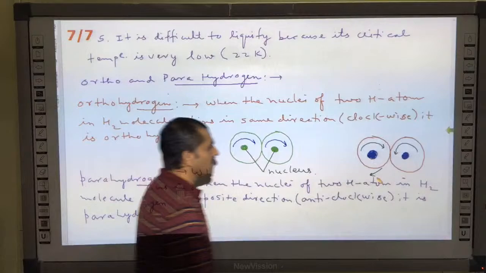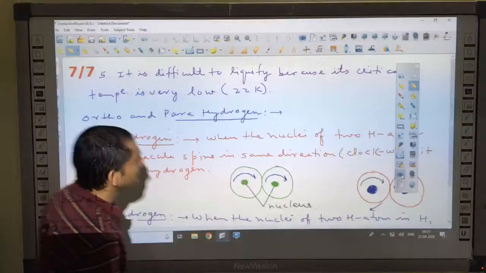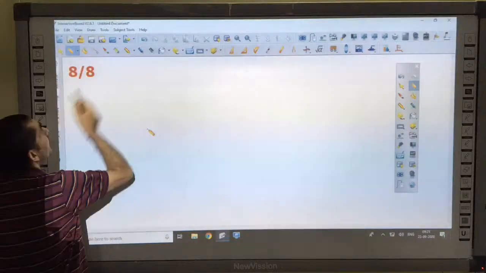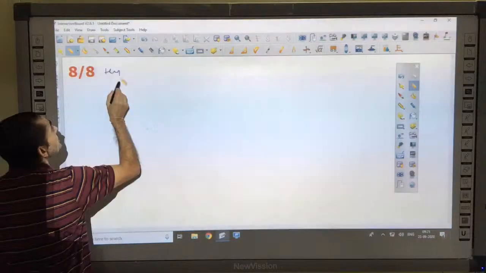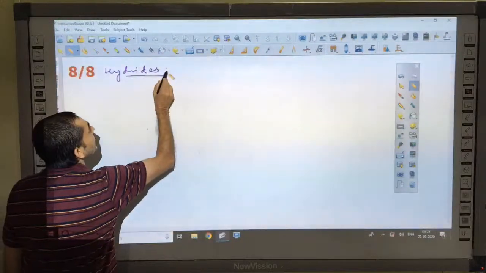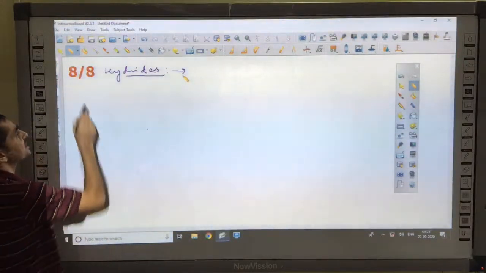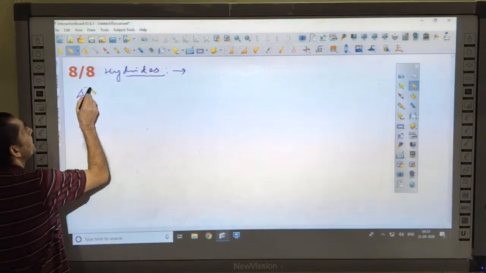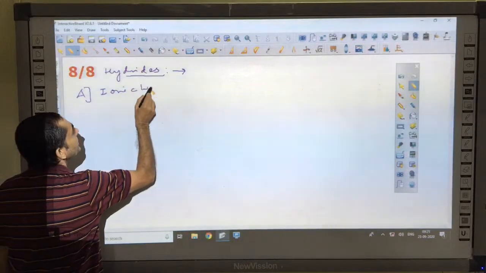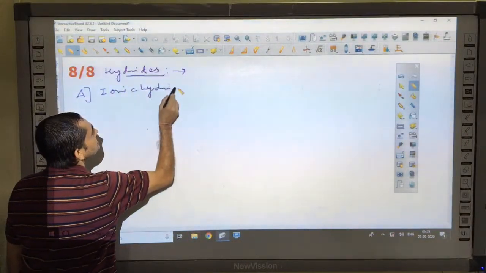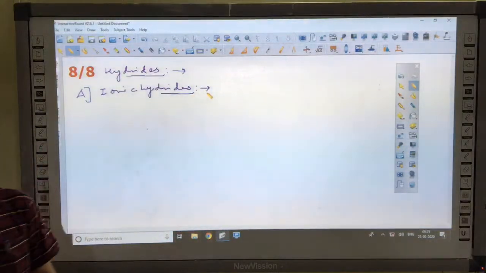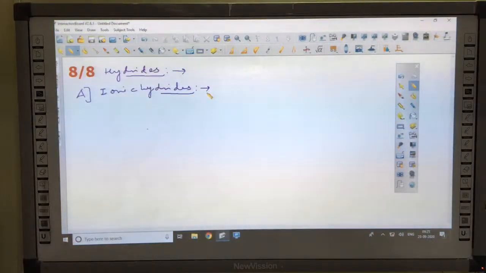Now, let us move on to hydrides. Hydrides are basically of three types. First, ionic hydrides. Now what are ionic hydrides? The name indicates it.